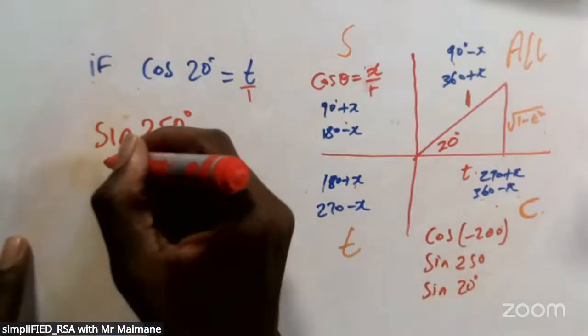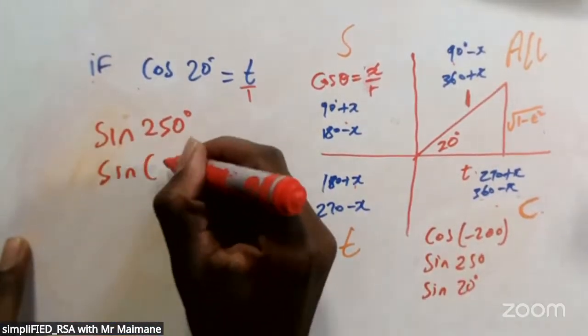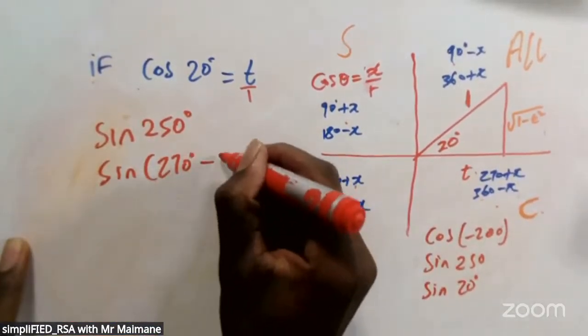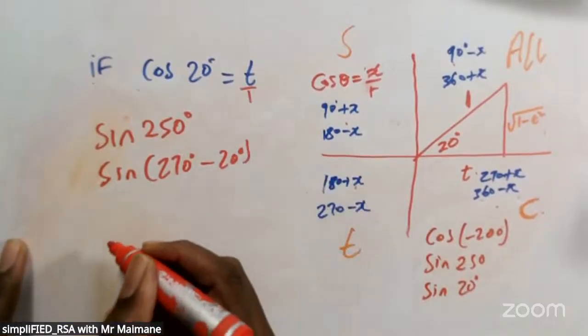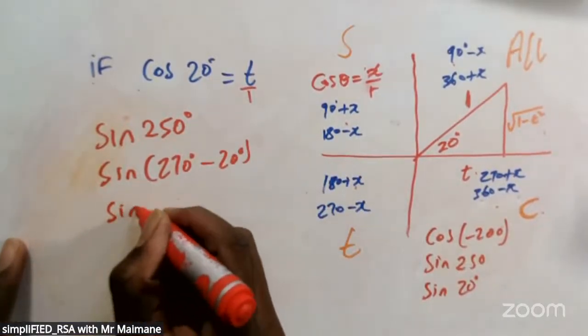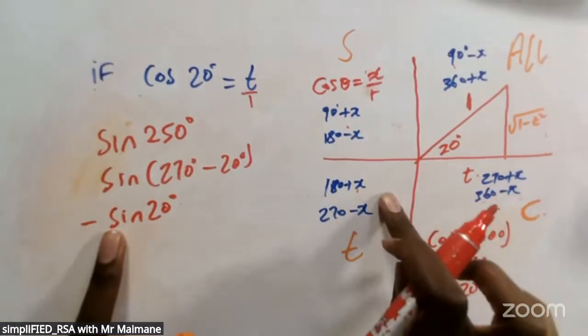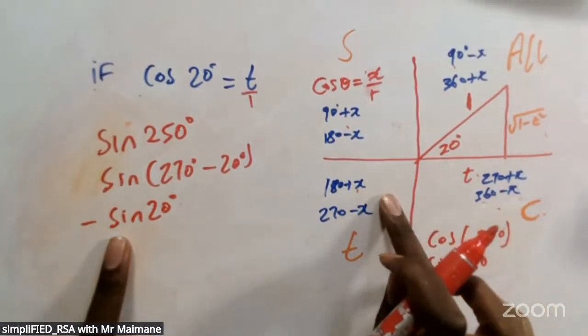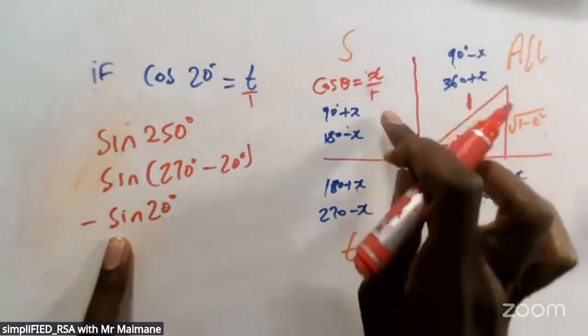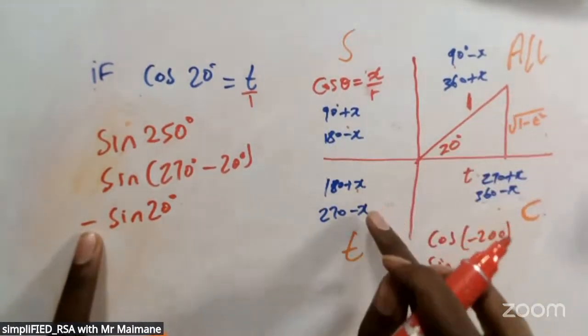Yes. So you say sine of 270 minus 20. Therefore, that would be sine of negative 20 degrees, because on the third quadrant sine is negative. So that's why it's negative on the third quadrant.